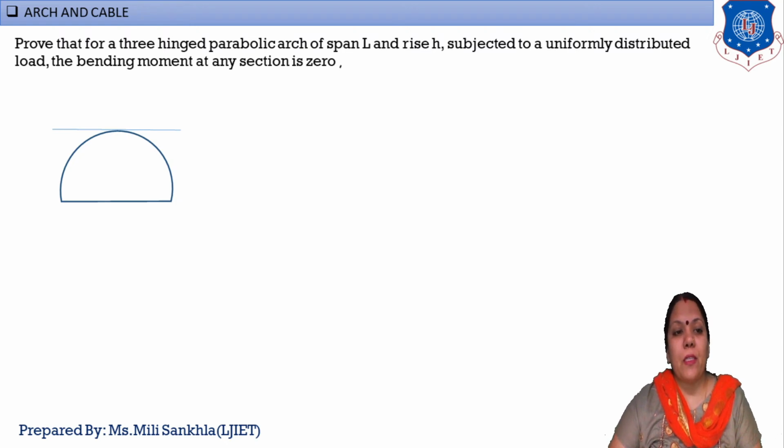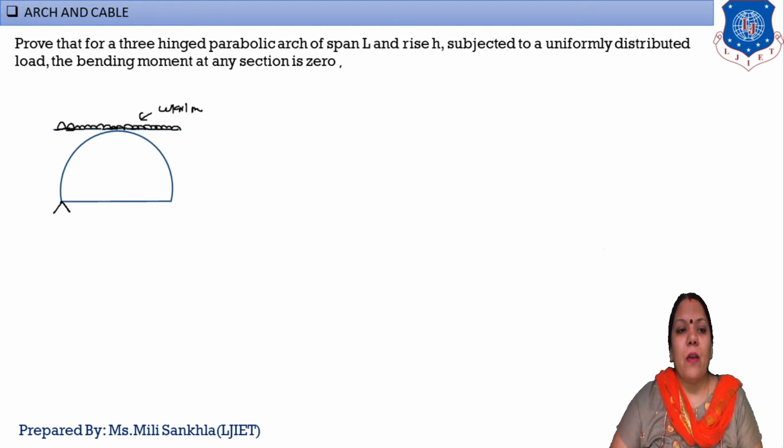Okay, here this horizontal line is given, and on this UDL load subjected. First of all we apply UDL load, that is W kilonewton per meter, and in parabolic arch here these two support reactions are given, hinge A and B, and this middle point is C. Distance of this arch is equal to L, and this half of distance is equal to L by 2 and L by 2.